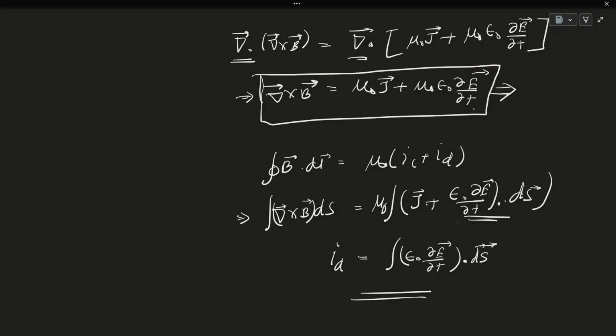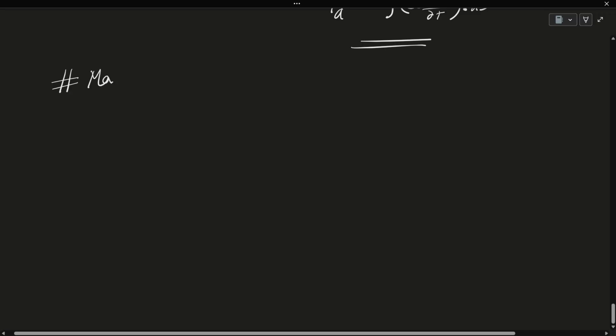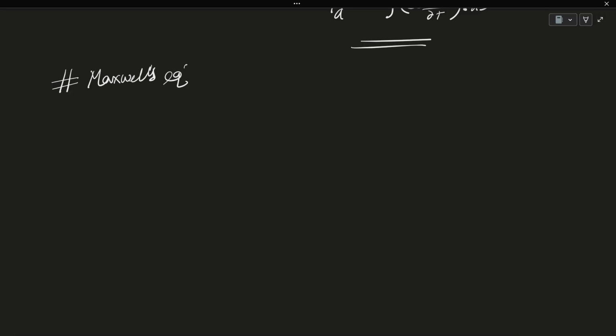So till now we have got all the four Maxwell equations. These four equations are known as Maxwell's equations. So I am writing them down. What was the first equation? Divergence of E equals rho by epsilon naught.